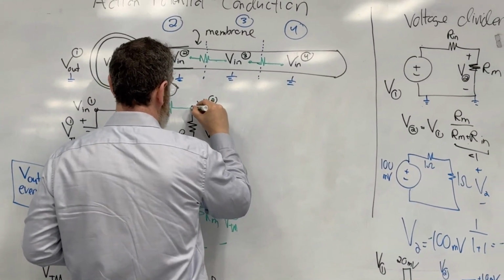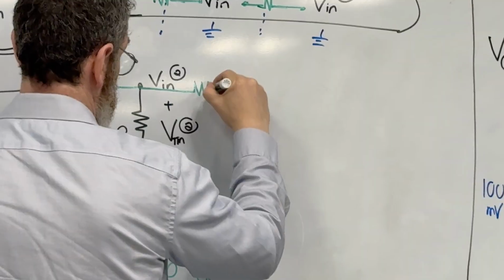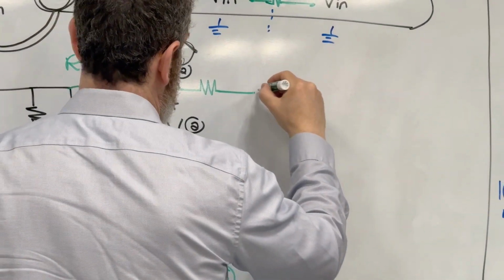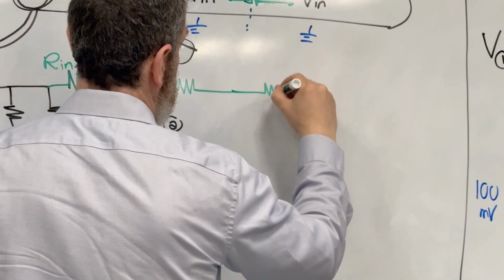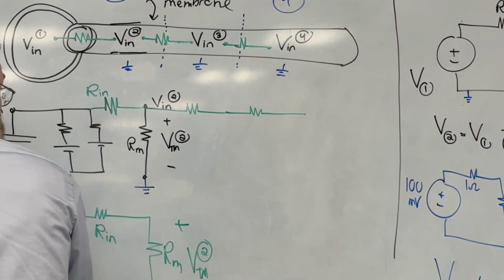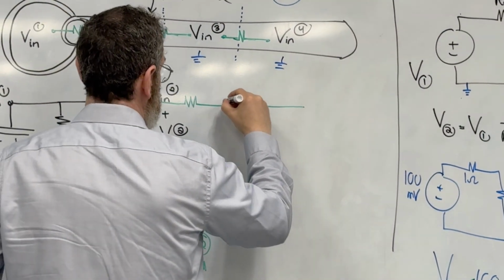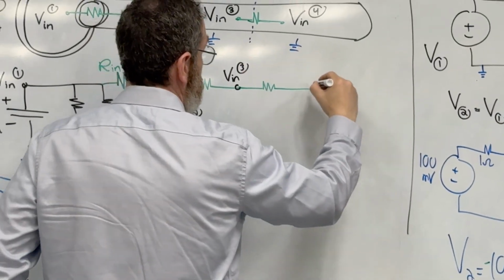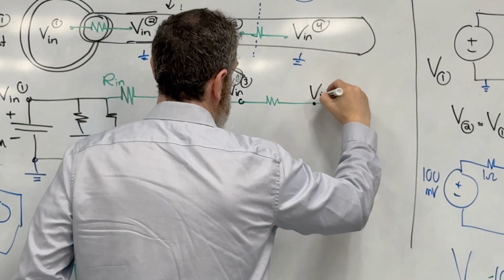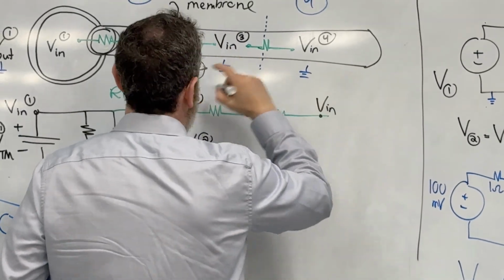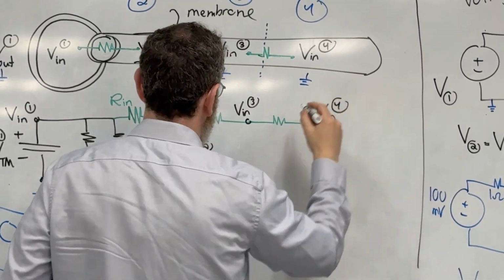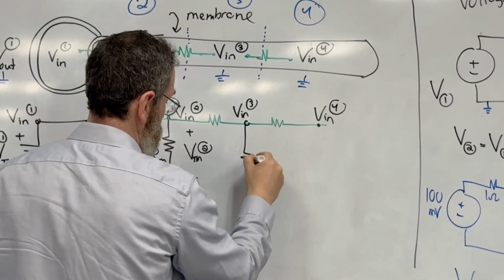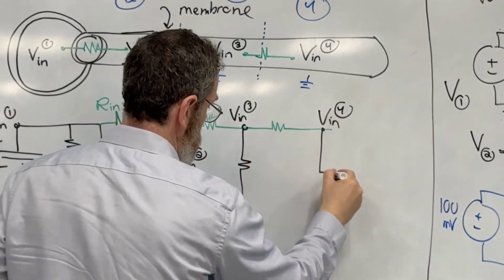I'm now going to add a second line here, and then I'm going to add a line after that. And I'll do the rest in black, because that's how I started to. So this here is V in at location 3. This here is V in at location 4. And here I have current going out. Here I have current going out.